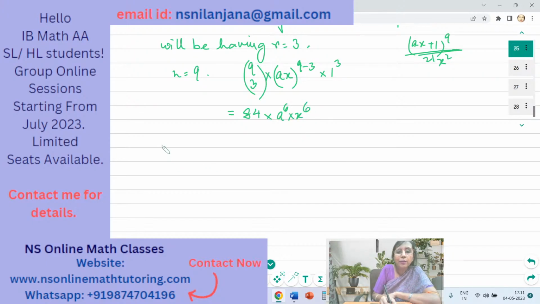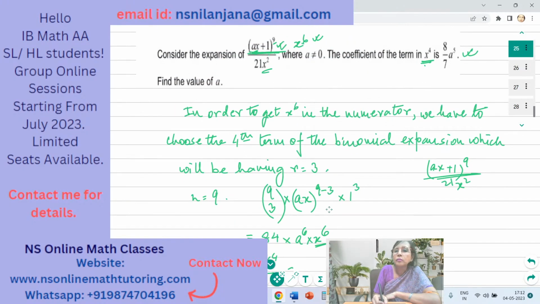Okay, let me just write this. 84 times a to the power of 6 times x to the power of 6 over 21 x to the power of 2. So this will get cancelled. It will have x to the power of 4, equal to 8 over 7 a to the power of 5 times x to the power of 4.